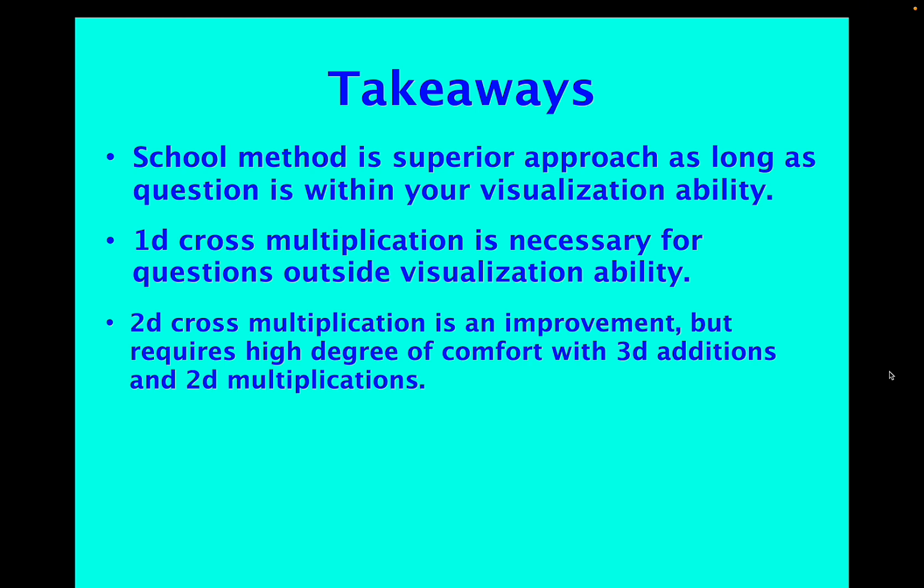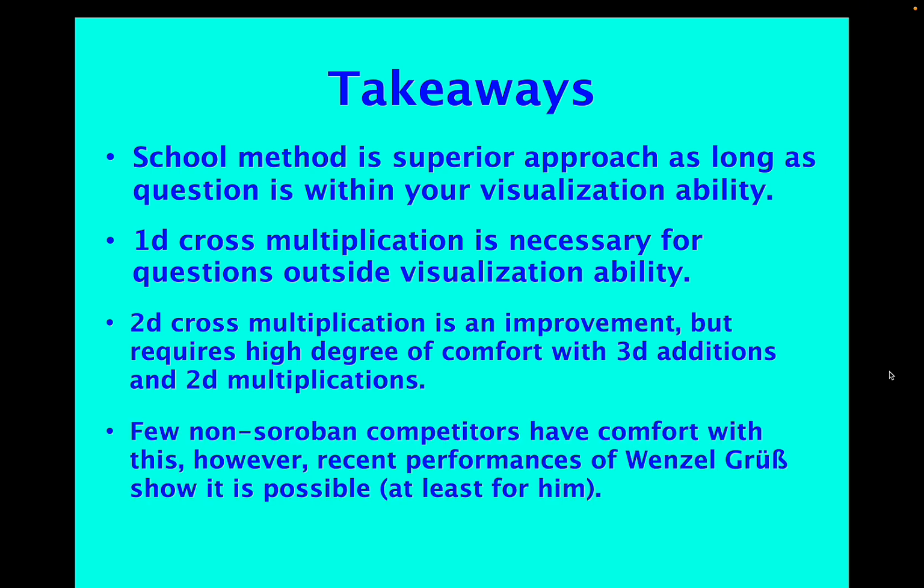There cannot really be hesitancy. In general, you should have semi-consciously memorized the 2 by 2 multiplications or almost instantly know them. For 3-digit additions, this is also tough for non-Sorbonne competitors. Many non-Sorbonne competitors can do two-digit additions rather quickly, but 3 is rare. So you have to have that comfort level with the 3-digit additions.